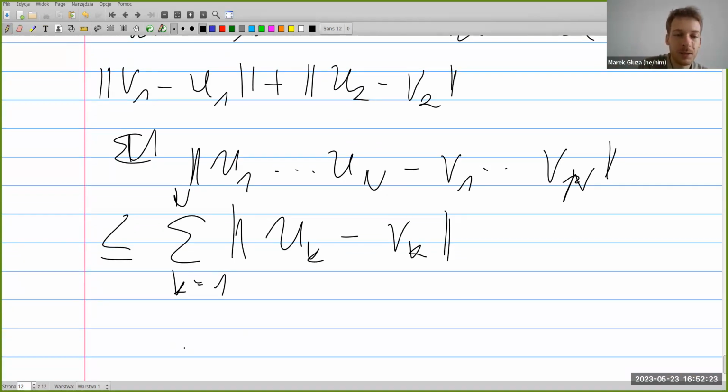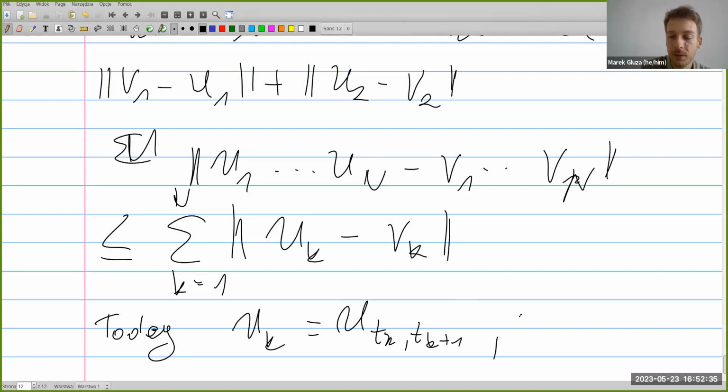And basically for us today, UK was the smooth evolution from TK, let's say, to TK plus 1, while VK was the piecewise constant evolution, just a short time evolution with the Hamiltonian TK, right?